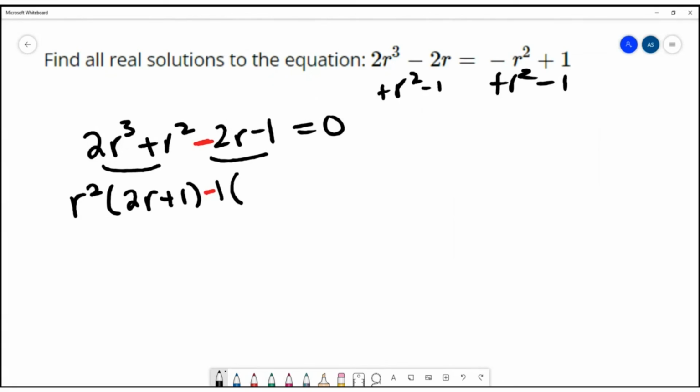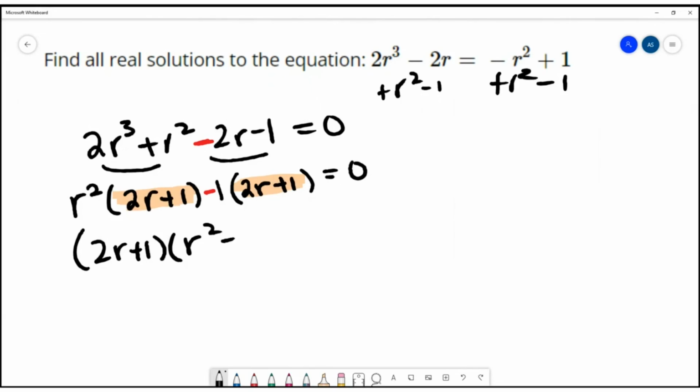So factor out that negative 1, and you get 2r plus 1. We have our common binomial, so our grouping method is working. We'll factor out 2r plus 1, and what's left is r squared minus 1.